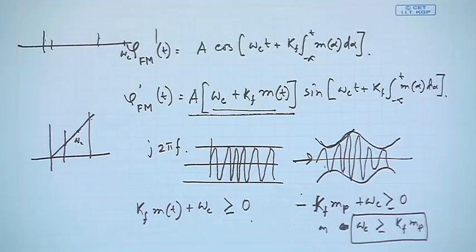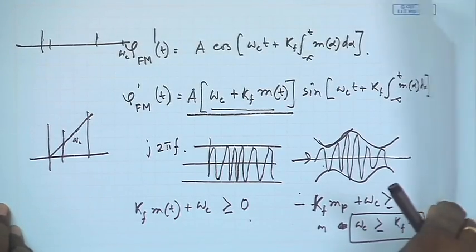So, this is what happens, and it is guaranteed as long as you make sure that the FM modulated signal that you generate is not creating aliasing, that means omega c is bigger than at least del omega. You are pretty sure that your envelope will always be above 0, and if you just track the envelope you will get your message signal back. So, tracking the envelope will give you omega c plus kf into m(t).